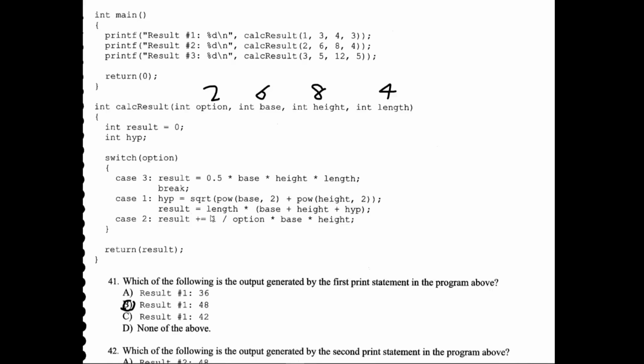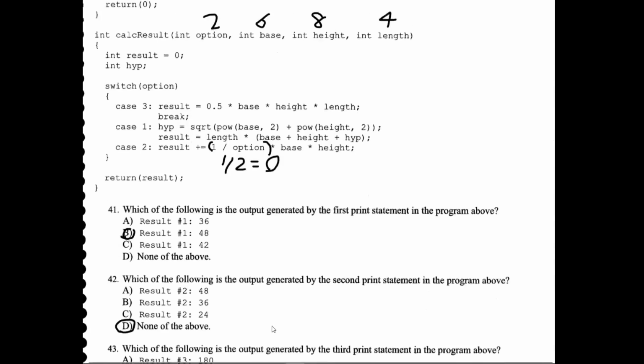Again, we have the parentheses here. 1 over option is going to be 1 over 2, which evaluated as integer is going to be 0, times the base times the height. So 0 times 6 times 8 is going to be 0, and it's going to return that value of 0, which is not one of the results listed. And the answer choice will be D, none of the above.